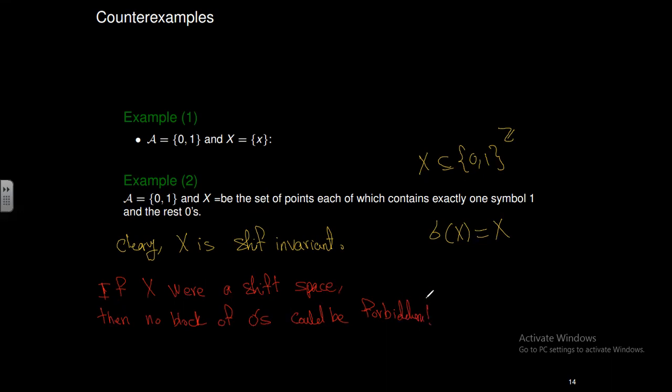But for example, the point with all zeros, 0 0 0 and so on, would necessarily belong to X. But it is not. So the set X lacks the closure necessary for a shift space.